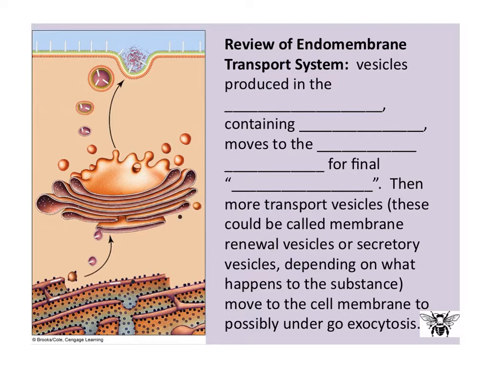Then these transport vesicles, it looks like what they're doing here, it's hard to say, but as it says here, they could be membrane renewal vesicles, they could be secretory vesicles if the substance is going to be spit out of the cell, to possibly undergo exocytosis.